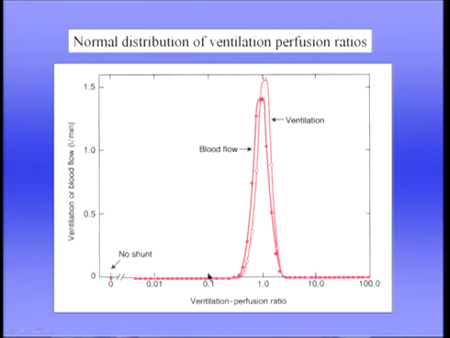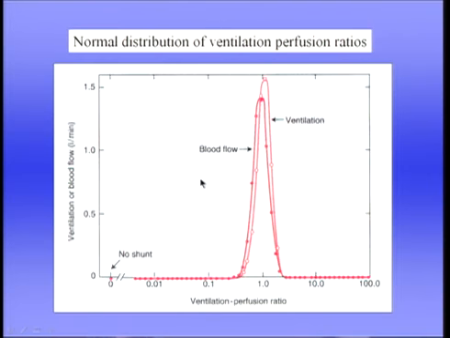Here's 10 here, 0.1 here, and so on. And we've broken the axis here to show a ventilation-perfusion ratio of 0, which would be a shunt. In other words, that would be blood flow going through a unit where there is no gas exchange. And in the normal lung, by this technique, there is no shunt.